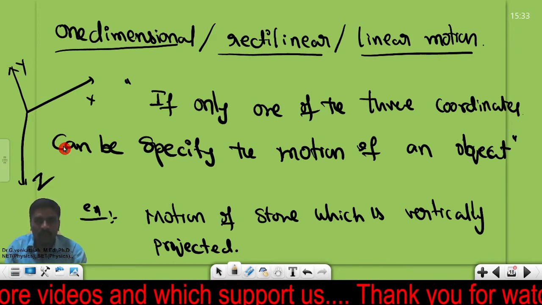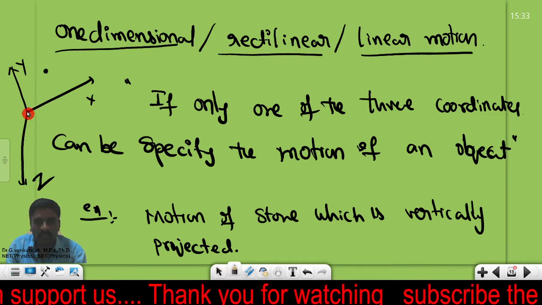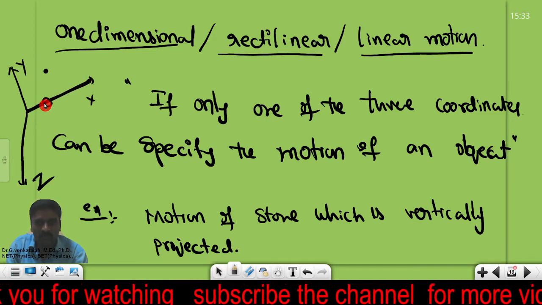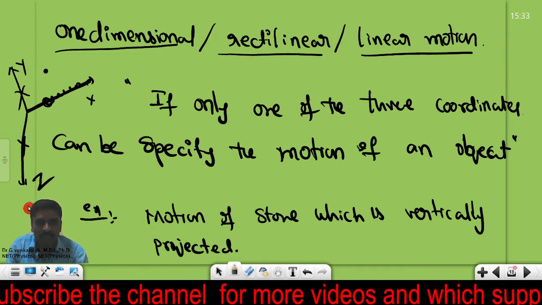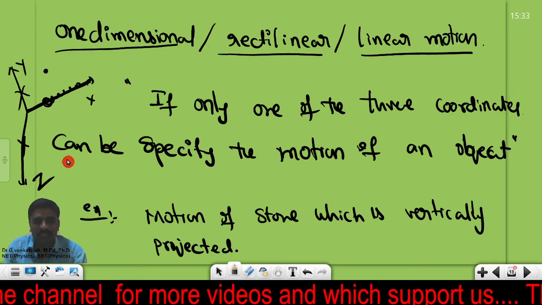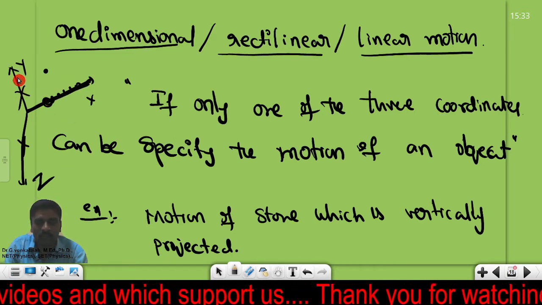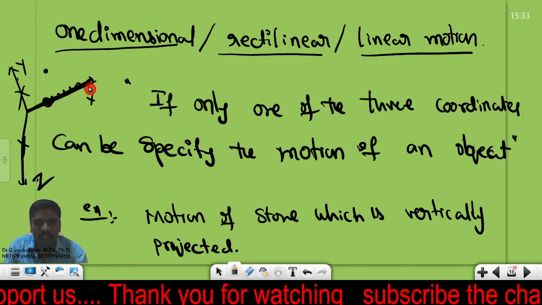So if the position or the motion is represented with the help of any one of the axes, let me take, if the object is moving only on the x axis, then there is no need for the y and z axes, because the motion is only along the x axis. It is not moving in the y direction, it is not moving in the z direction, it is moving only on the x axis.